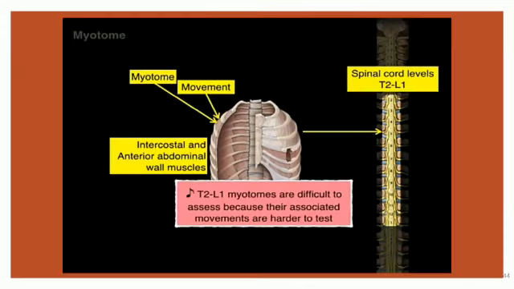Now, if we look at the muscles of the anterior abdominal wall and all the intercostal muscles, they have an associated spinal cord level of T12 to L1. T12 to L1 myotomes are difficult to assess because their associated movements are harder to test compared to the movements of the limb.